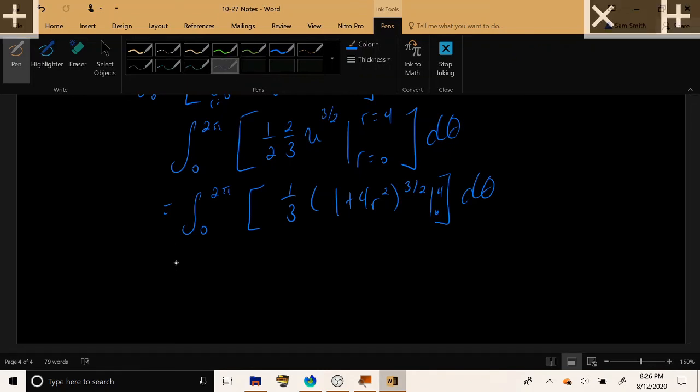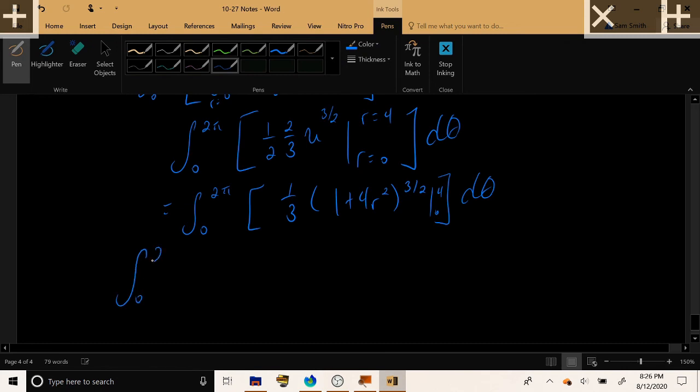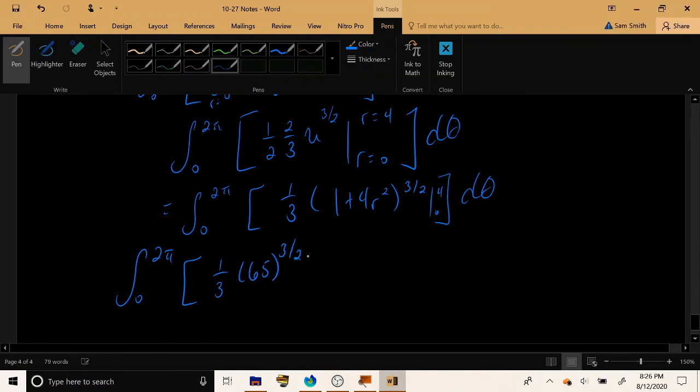So far we are at the integral of 0 to 2 pi of 65 to the 3 halves times 1/3. And if r is equal to 0, then this back term vanishes, and we're left with 1 to the 3 halves, which is simply 1, and then times 1/3.